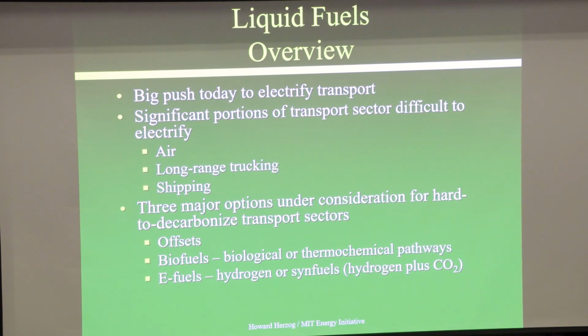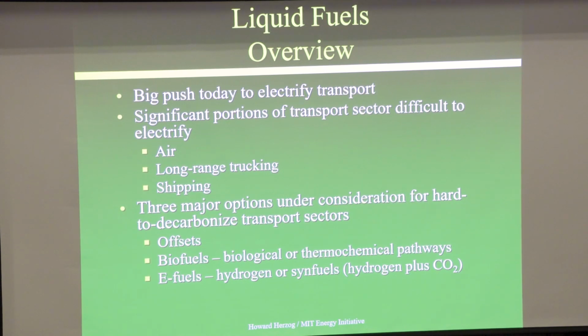We're actually doing biofuels today. Ethanol represents about 10% of our transportation fuels, from all those ethanol plants I showed. So that's a biological use, but there's other pathways to do on a bigger scale.